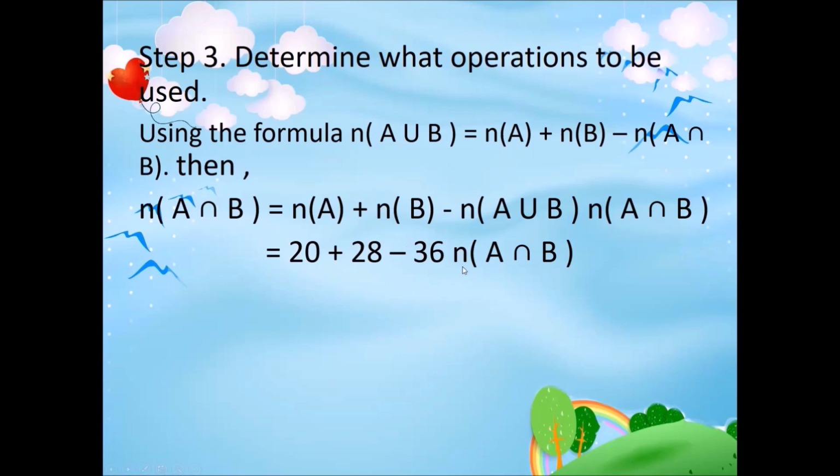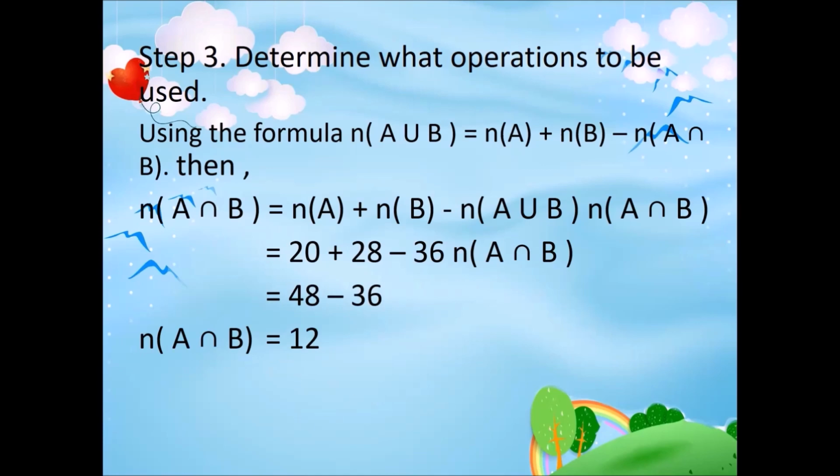So n of the intersection of set A and set B is equal to 20 plus 28 is equal to 48 minus 36. So therefore, the number of elements of the intersection of set A and set B is 12.